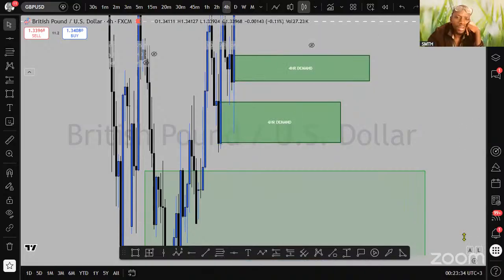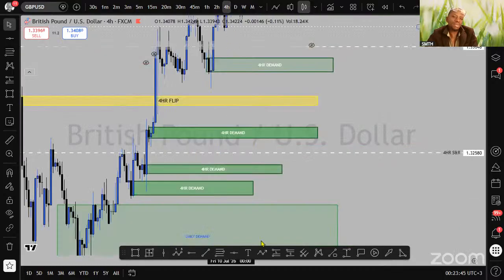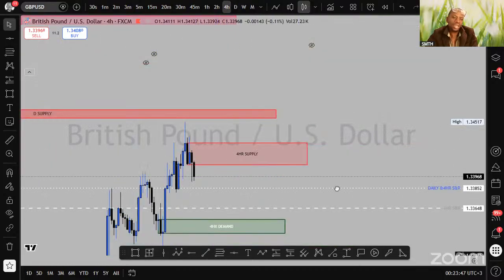Okay, that one. So right now, I can decide to change this area or just leave it the way it is, okay? Because it will take a longer time for price to come down here, like price is up here.